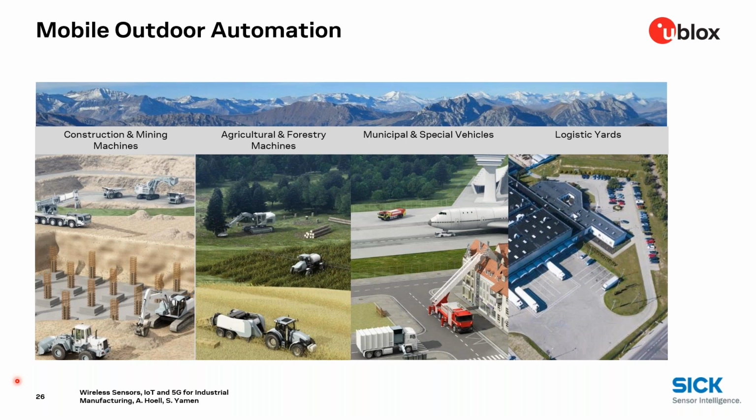So what we see is the industry of construction machines, mining machines, so the big trucks, excavators, and then in the agricultural industry, forestry machines, these agricultural machines. We normally separate here between a main machine, which is just the power supplier, just moving, but the real value is just behind or is attached to the main machine, which is called the implement. And the implement mostly has the knowledge of what to do, when to stop, when to go faster, when to slow down, and so on.